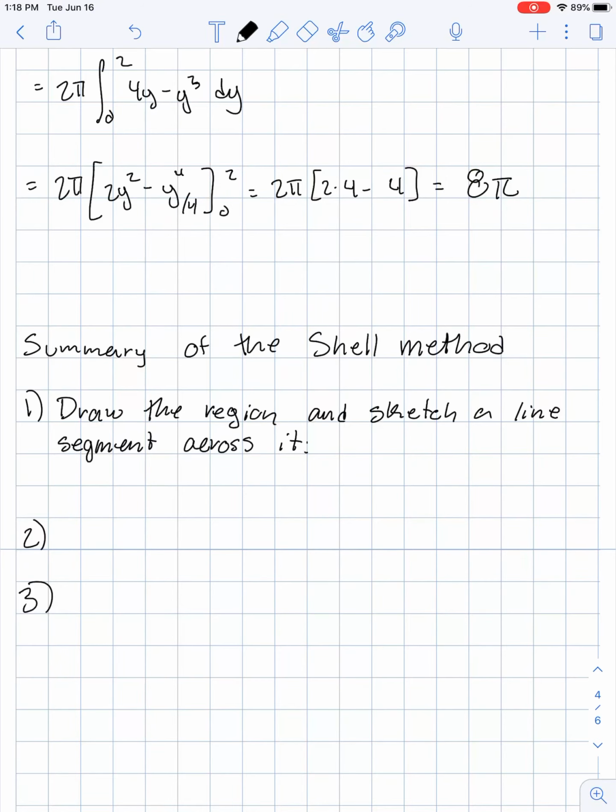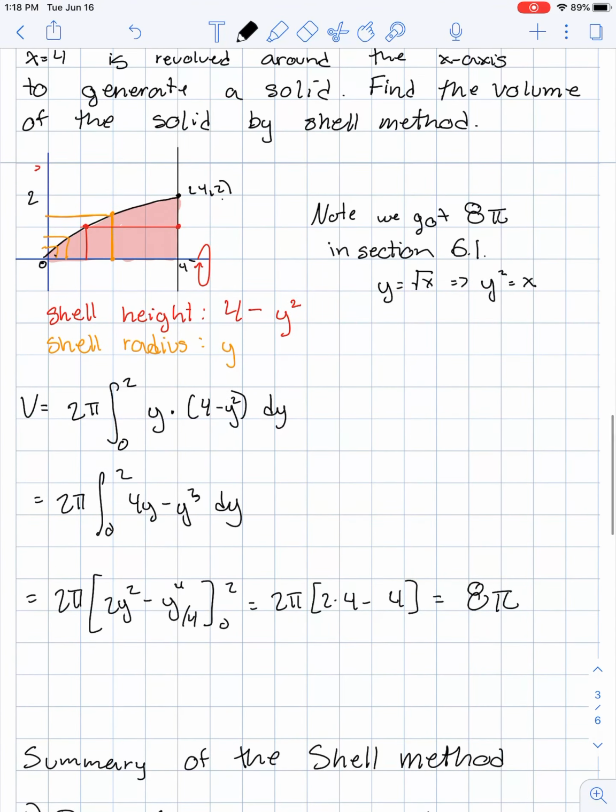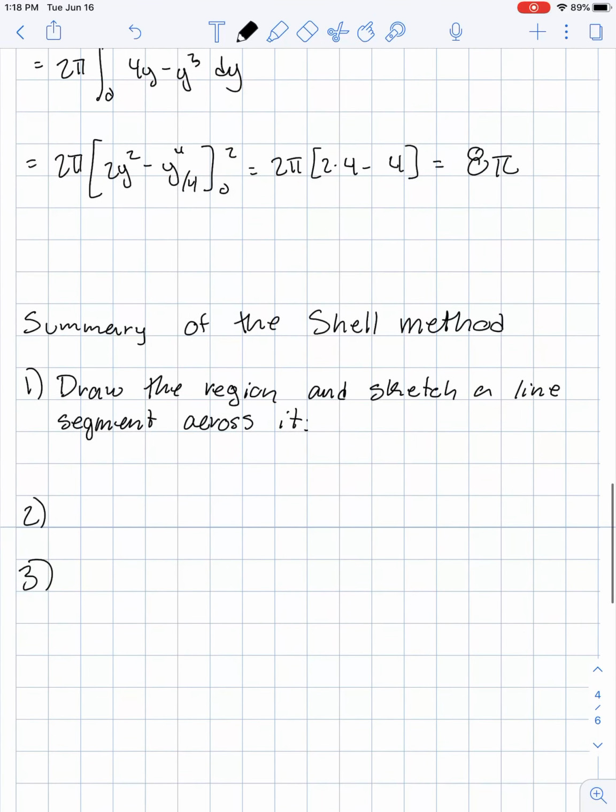So I'm going to draw the region, which would be the 2D one, not the 3D one. And I'm going to sketch a segment across it. And it's going to be parallel to the axis of revolution. This helped me a lot when I was learning this, is to draw these pictures and to know, okay, cool, draw that line parallel to the axis.